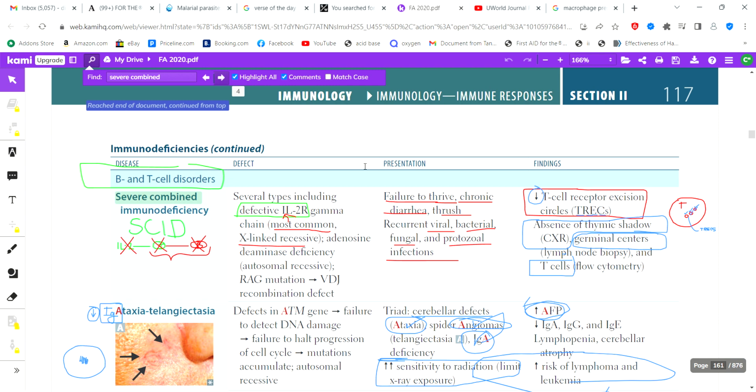Okay, so etanercept joins TNF alpha to IgG.